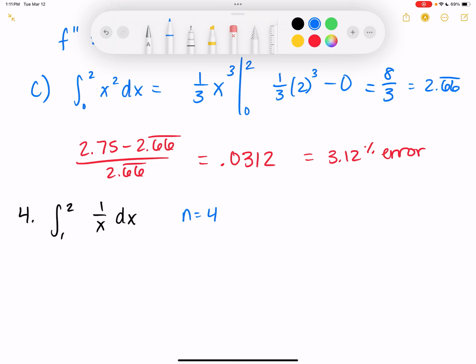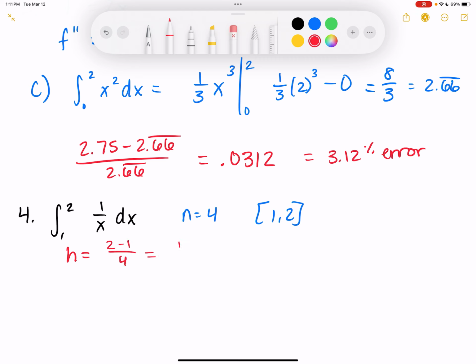And our interval is 1 to 2. So I need to find h. It's 2 minus 1 over 4, 1/4.